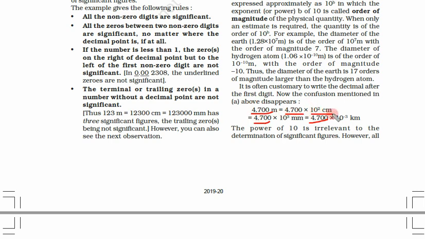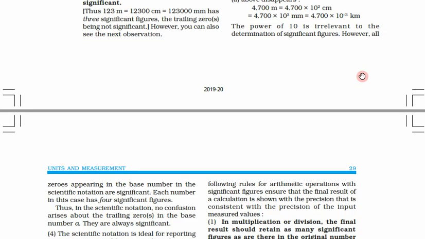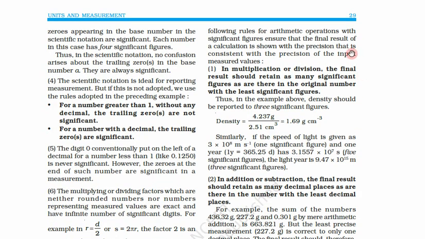Only because of this power do the units change. This power is just changing the unit, but the number remains the same. So scientific notation is a much better way to represent all scientific quantities. Thus in scientific notation no confusion arises because of trailing zeros in the base number A, as they are all significant. So in scientific notation all the digits are significant.